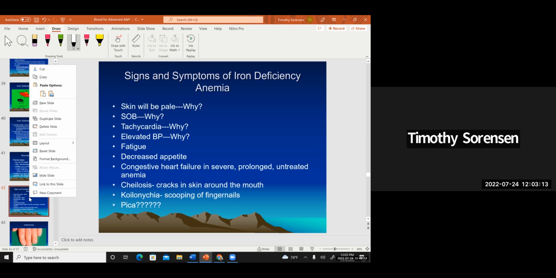Shortness of breath. Remember, when you have low oxygen saturation, then that is going to stimulate breathing. And then you're also going to be tachycardic because lack of oxygen will stimulate the sympathetic nervous system. Elevated blood pressure for the same reason, right? That's going to stimulate the sympathetic nervous system.